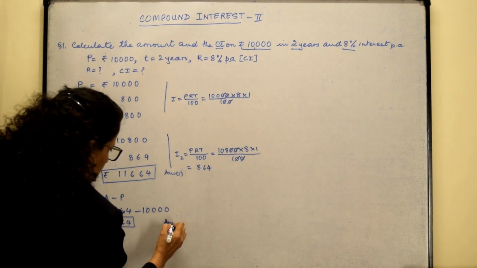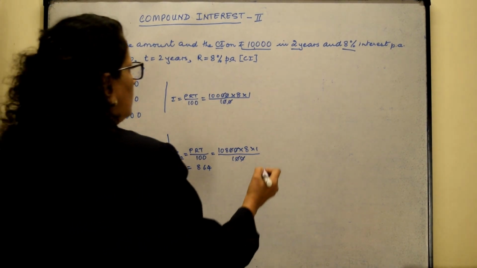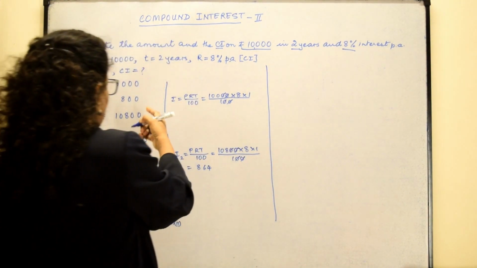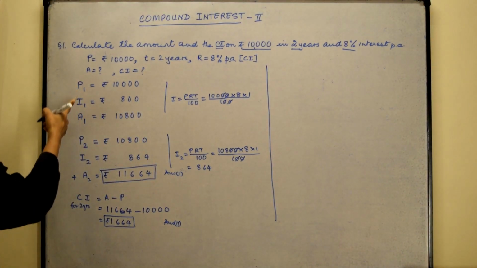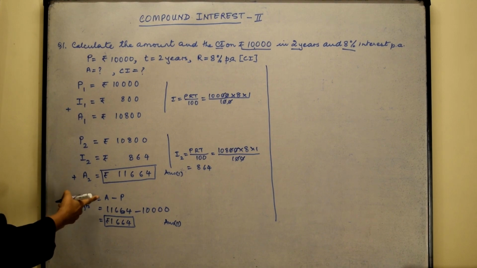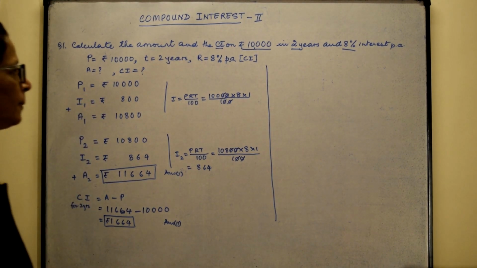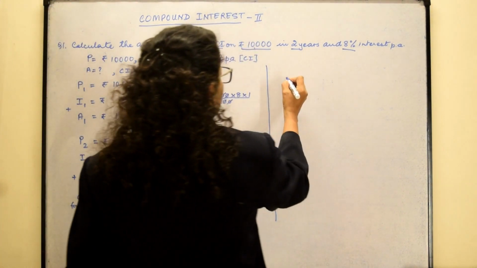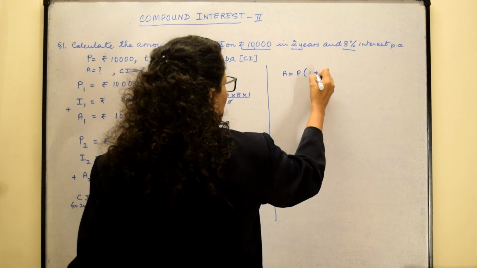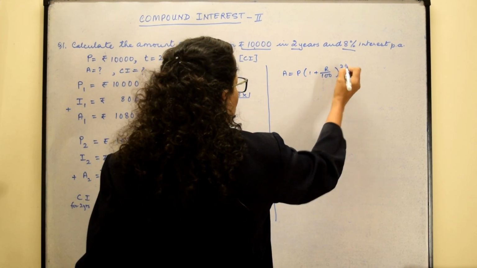Now, as I told you, there are two methods. This is your answer using the tabular method, where we take P1, I1, A1, P2, I2, A2, and then we will continue with our question, whatever the question requires. If we use the formula, then our formula is A equal to P into bracket 1 plus R upon 100 to the power 2.